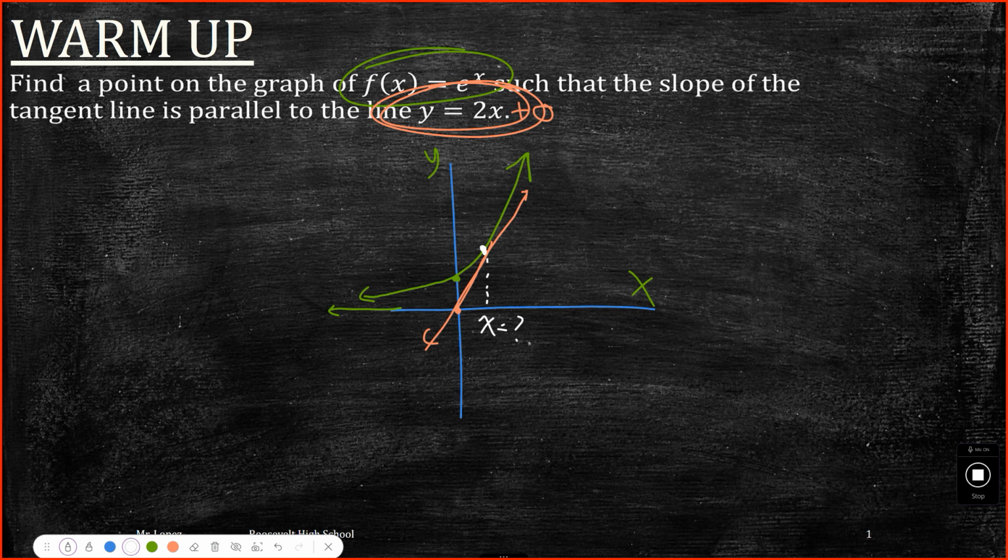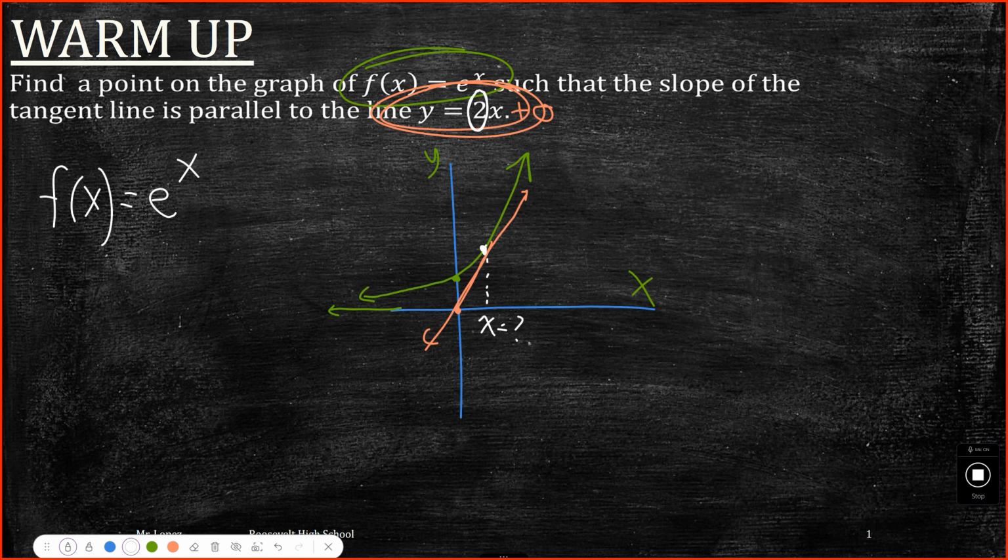Find a point on the graph such that the slope of the tangent line is 2. We have f of x equals e to the x, and we want an x value where the slope is equal to 2.